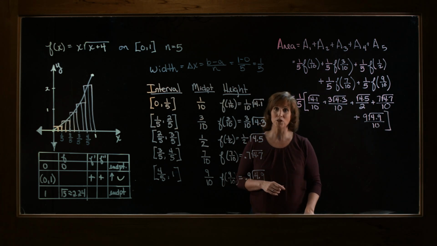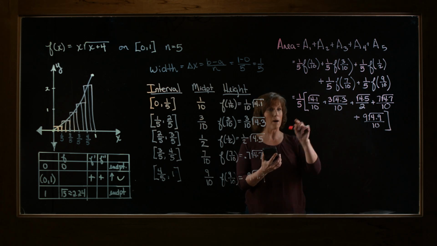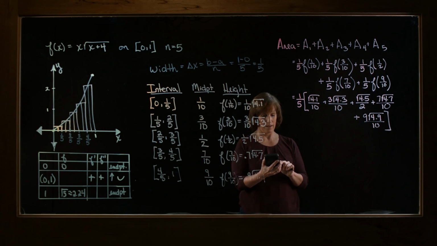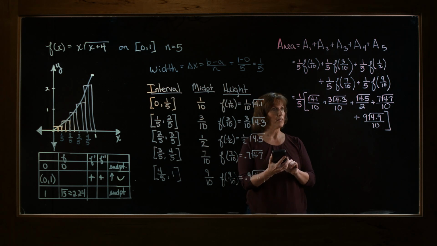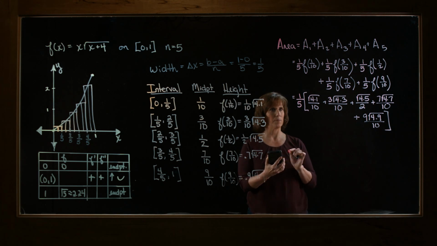Now, at this point, you may wish to pull out your calculator to do a little number crunching. So I'm going to sum up the square root of 4.1 divided by 10 plus 3 times the square root of 4.3 divided by 10 plus the square root of 4.5 divided by 2 plus 7 times the square root of 4.7 all divided by 10 plus 9 times the square root of 4.9 divided by 10.